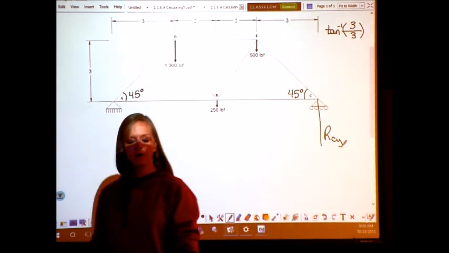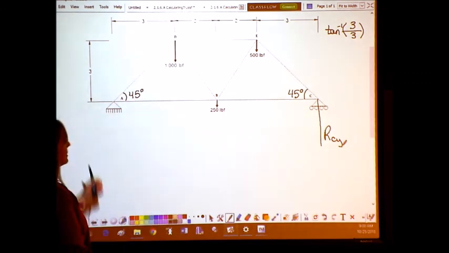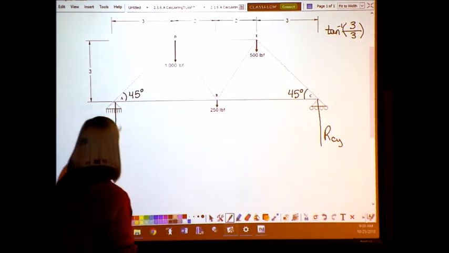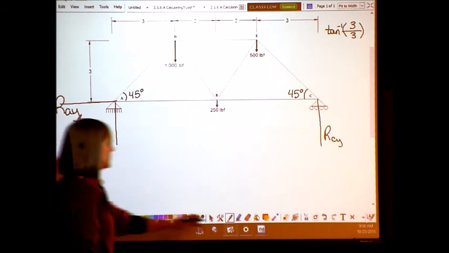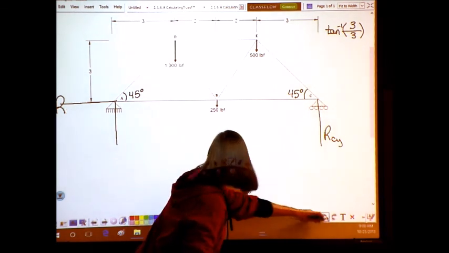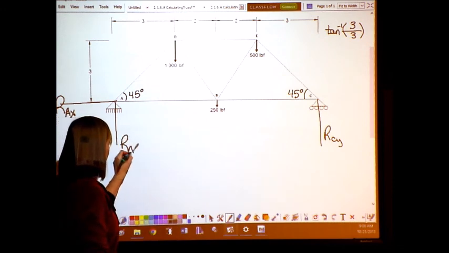Will it have both up and down and left and right, or just up and down? Both. So this will be my reaction of A in the Y direction. This is the reaction of A in the X direction, because it's horizontal.